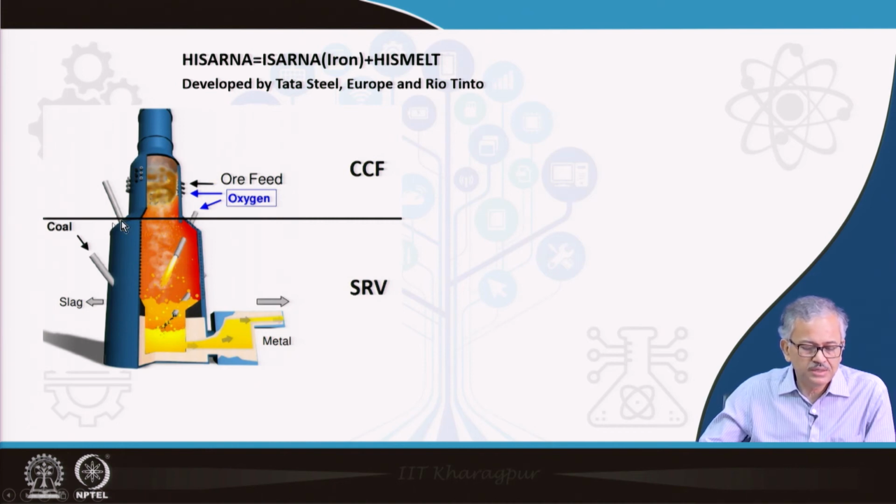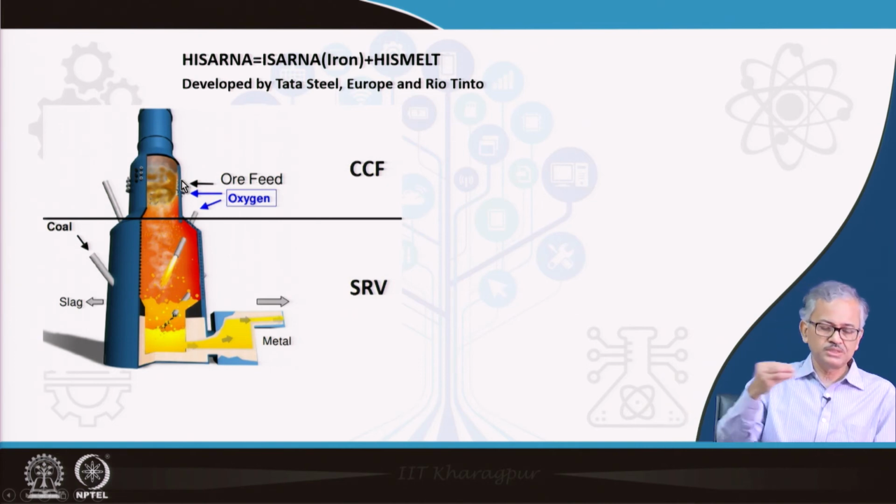You can see the ore. This is the reactor. You can see there is the neck. In this neck you have a cyclone here, and here, basically similar to the smelting reduction vessel of the Hismelt process, you can see coal is injected and the oxygen is charging and the slag is there. Only the iron ore feed is not given into the smelting reduction vessel. The iron ore feed directly comes into the cyclone.